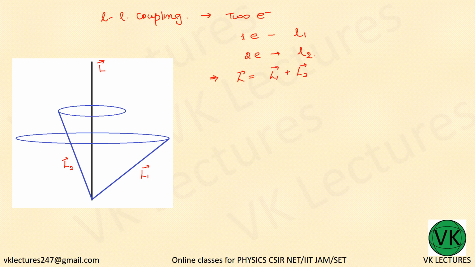L can have values from L1 plus L2 to L1 minus L2, both in magnitude. So this is LL coupling.